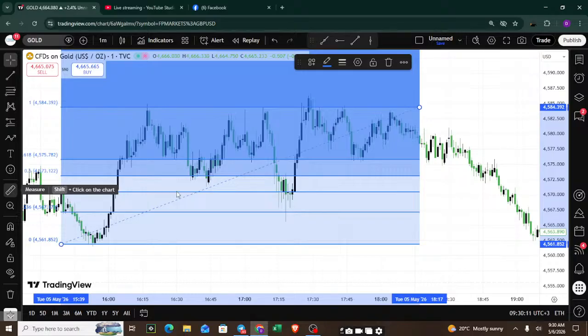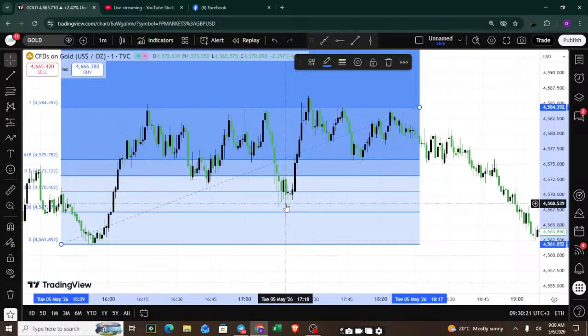So yesterday you can see that price wicked into our area of interest very well, very clearly, and in a very sophisticated way by wicking. So immediately it wicked into our area of interest, profits immediately.